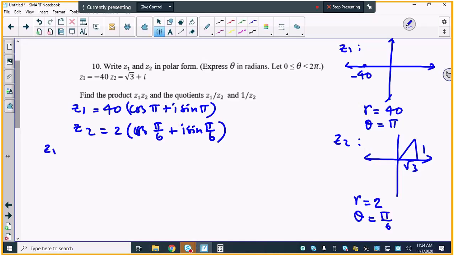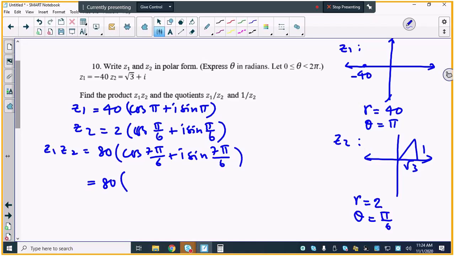So z1 z2 is 2 times 40, which is 80, cosine pi plus pi over 6, which is 7 pi over 6, plus i sine 7 pi over 6. Now this one is easy to find the exact value because these are standard angles. 7 pi over 6 is in the third quadrant. Cosine and sine both are negative with the reference angle of pi over 6.